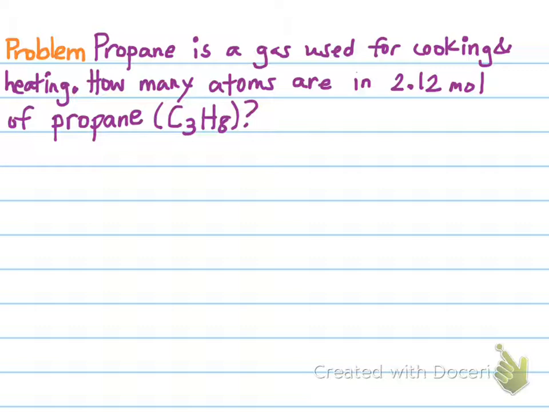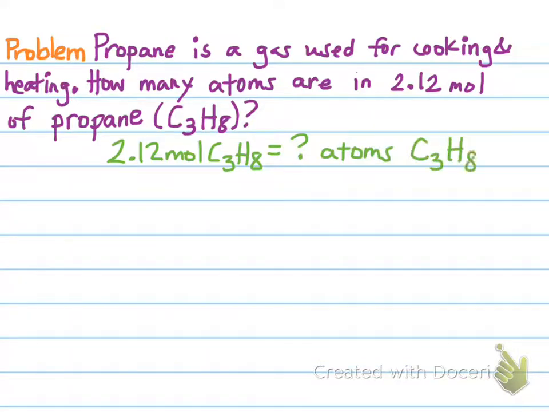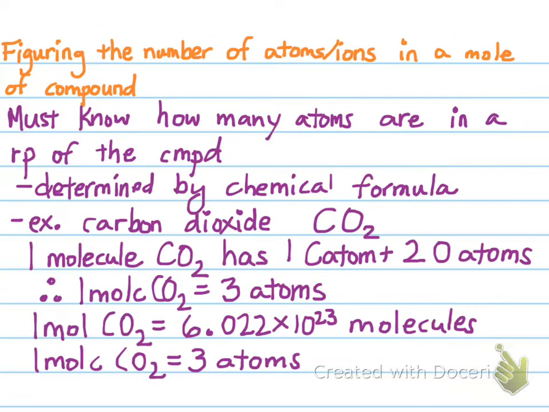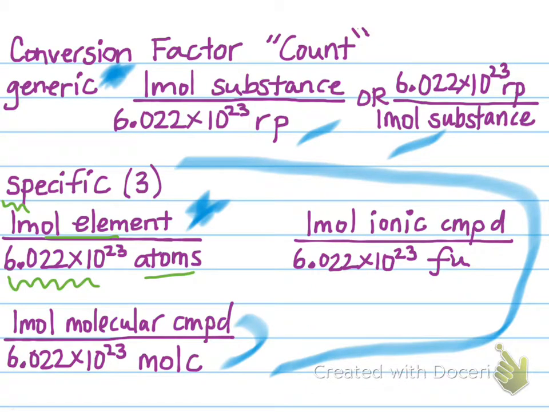So again, I like to summarize what it's asking me to do. It's telling me to take 2.12 moles of C3H8 and figure out how many atoms there are in C3H8. So again, I'm going to look at my chemistry toolkit. And one of the things I have to be careful about is I look here and I see moles and atoms.